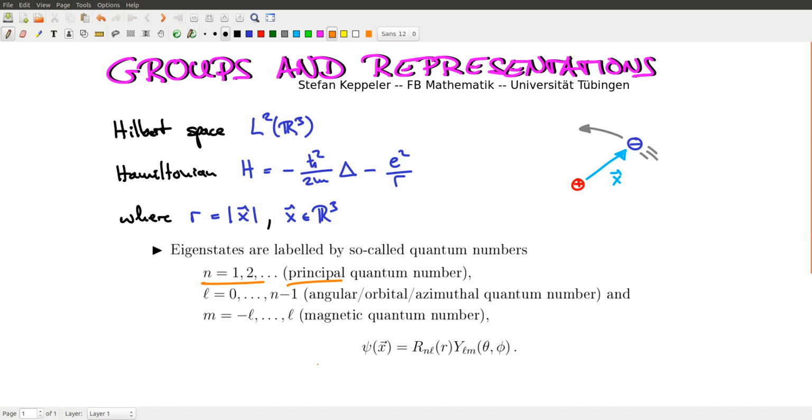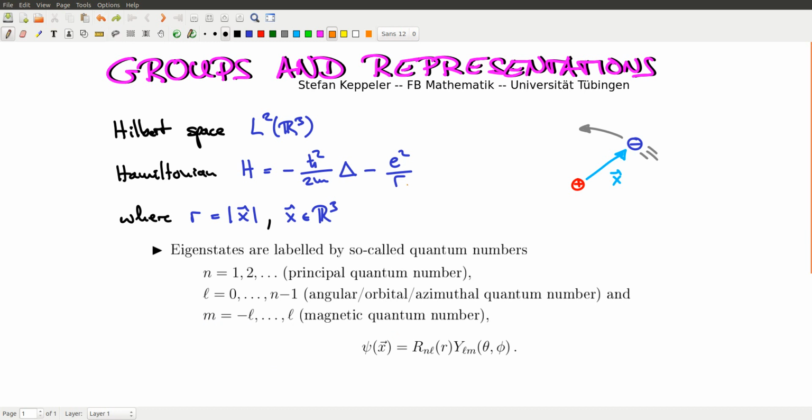That's called the principal quantum number n. Then there is this number L, which runs from 0 to n minus 1 for a given n. That's called the angular momentum quantum number. And then there's this number m here, which runs from minus L to L, the magnetic quantum number.